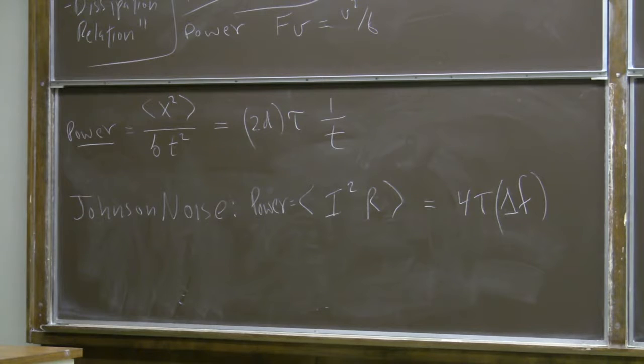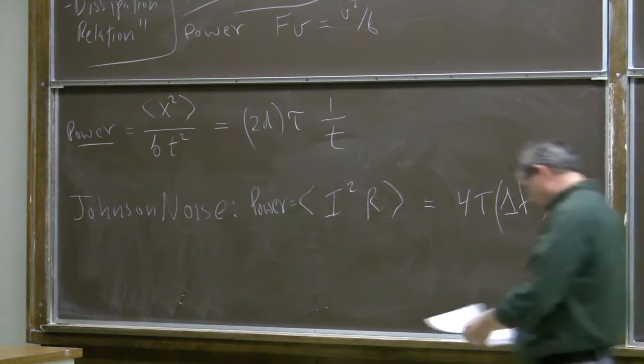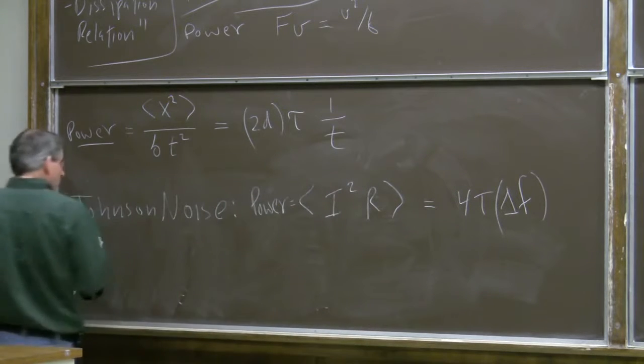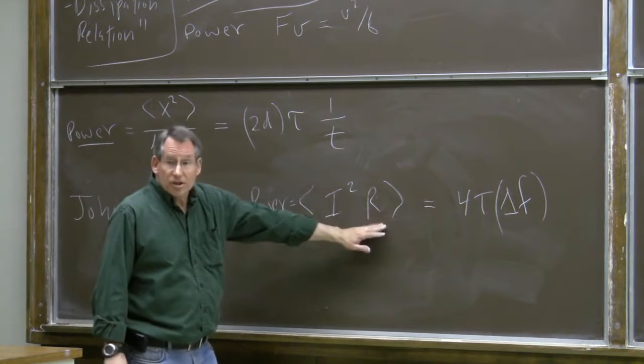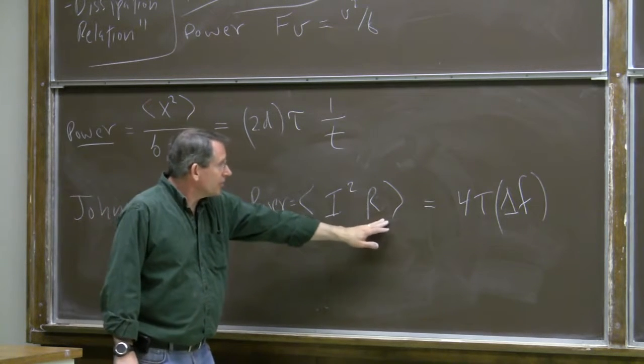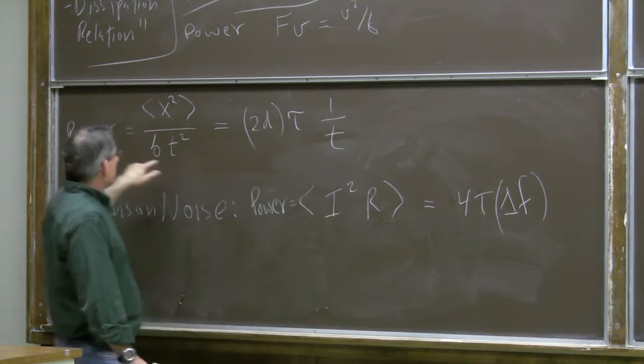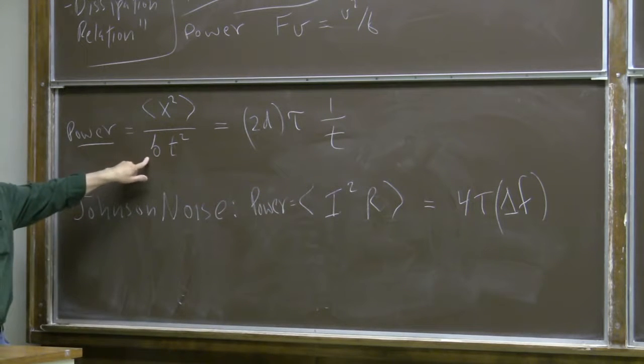So if you like, some characteristic time of observation for the fluctuating current. So in both cases, the temperature controls the scale of the fluctuations. There's something that measures dissipation. Here it's R, the resistance in the circuit. Here it's 1 over B. 1 over B is a measure of the dissipation for the particle moving through the fluid.